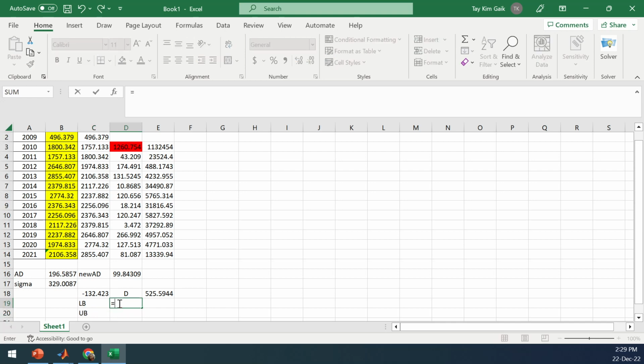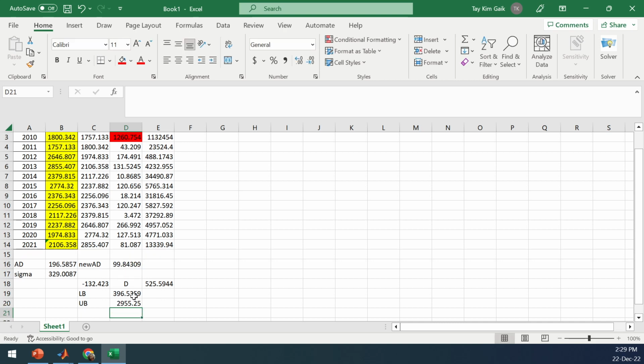The lower bound of the universe will be the minimum data minus the new average distance. The upper bound will be the highest data plus the average distance. So this is the lower bound and upper bound of the universe.